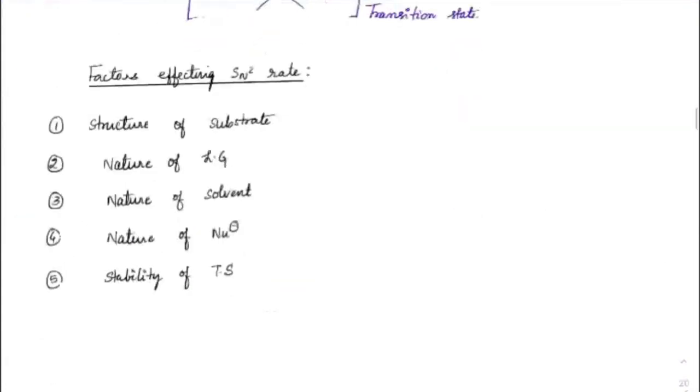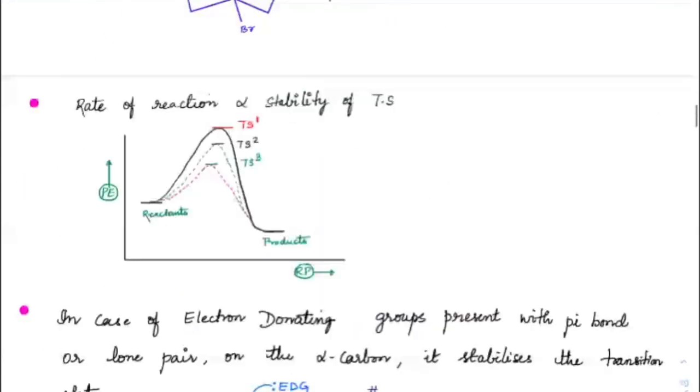Second, what are the other factors which will affect the SN2 rate? You can see these pointers: structure of substrate, nature of the leaving group, nature of the solvent, nature of the nucleophile, and stability of the transition state, which I already told you.